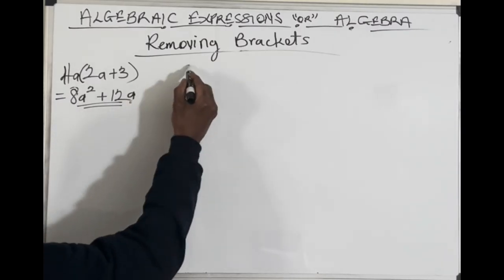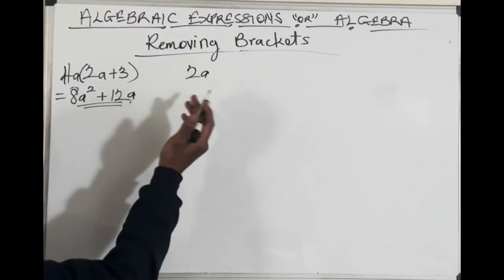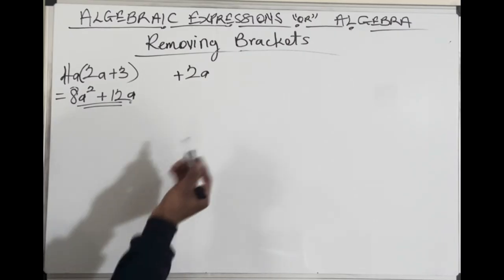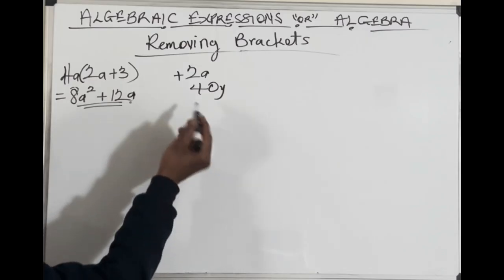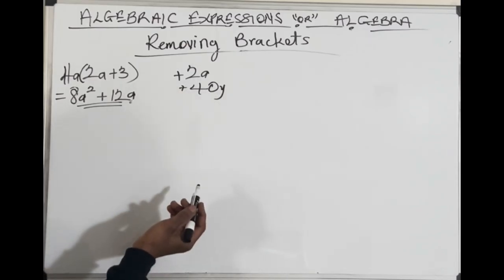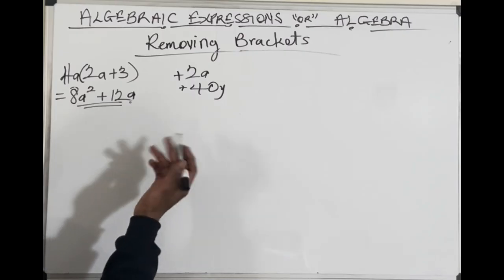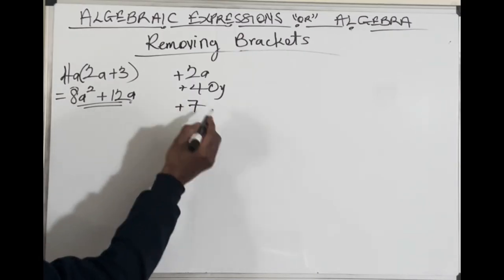So let's say there is 2a just lying there. You know that it naturally has a plus. Let's say 40y is there. You know that there is a plus attached to it. Let's say 7 is just there. Know that there is a plus sign.